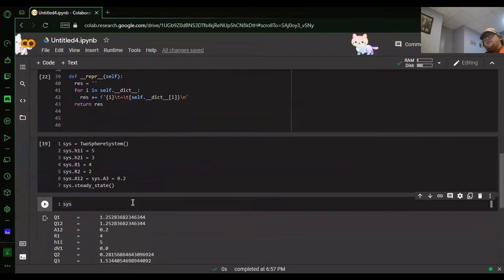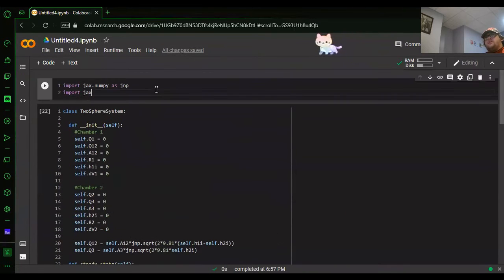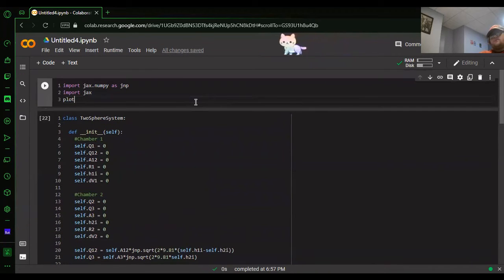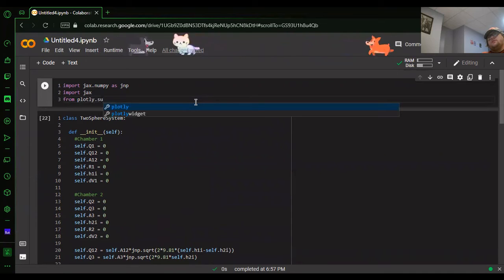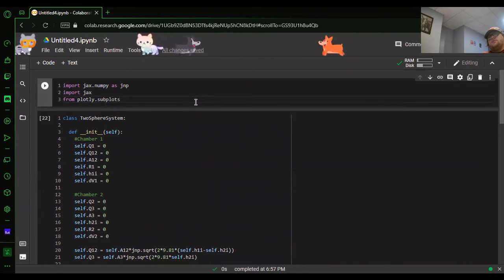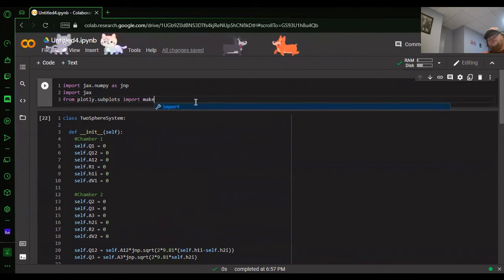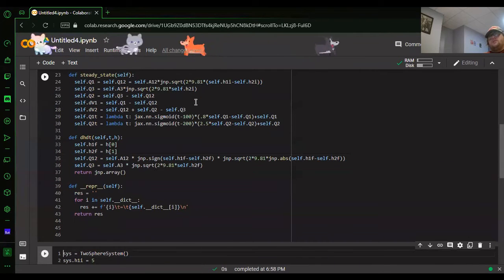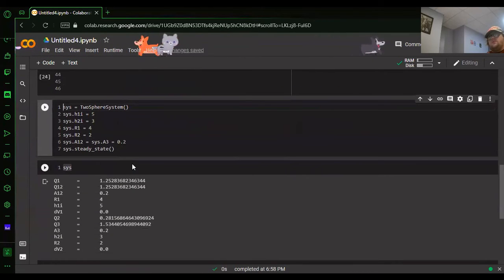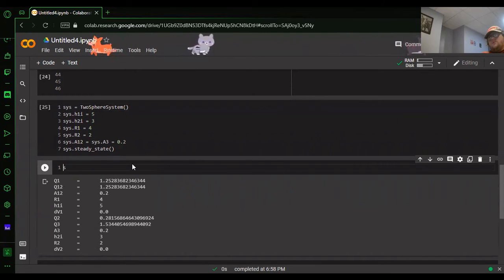So to show you how this works, let me get Plotly in here real quick. Make subplots.